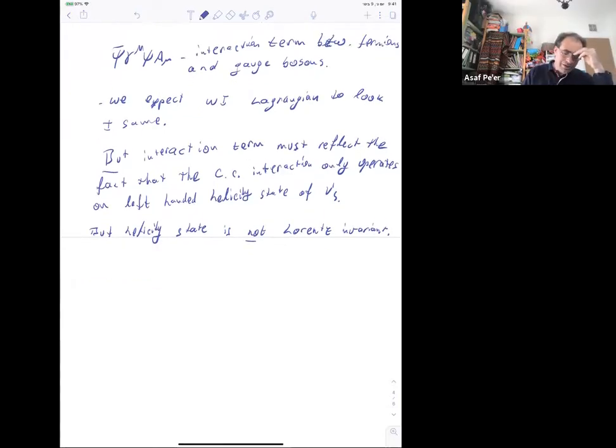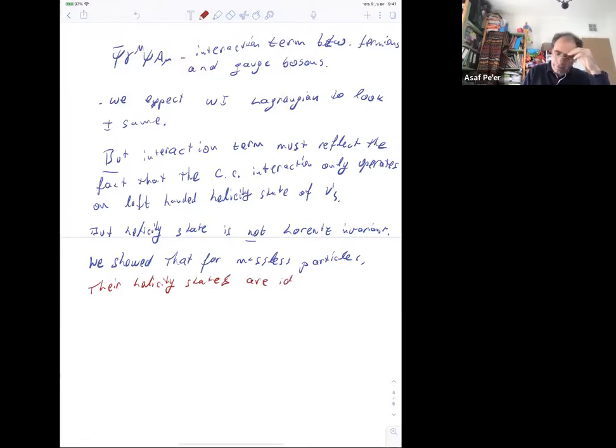But we show that for massless particles, the helicity states are identical to their chirality states.